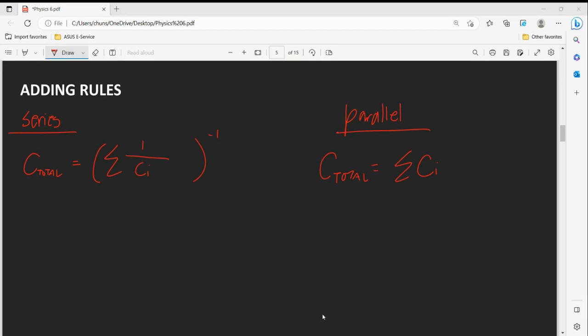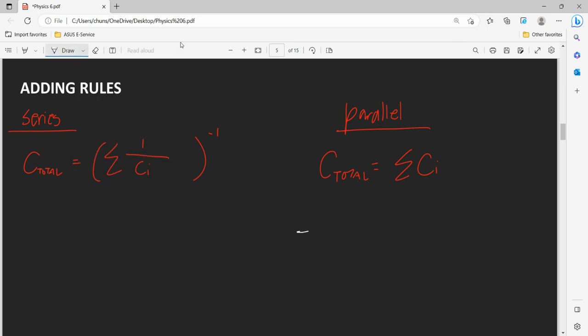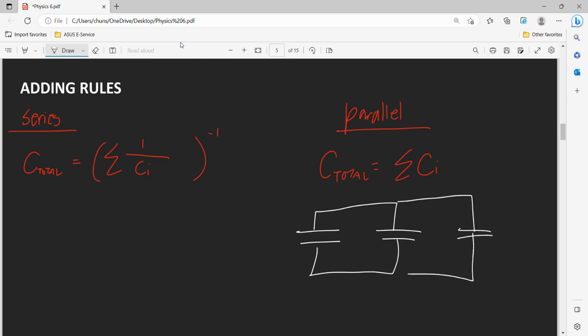And this is because if we drew our circuit example here, our capacitors in parallel, and we drew our voltage loops using Kirchhoff's law, each one would be the same.